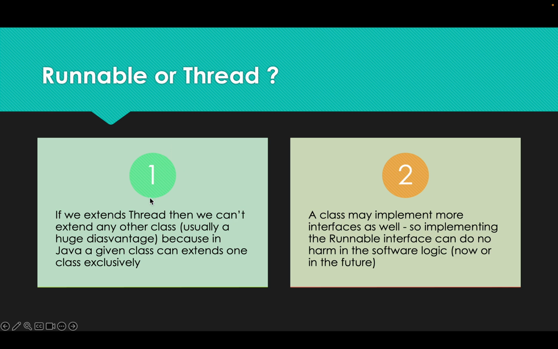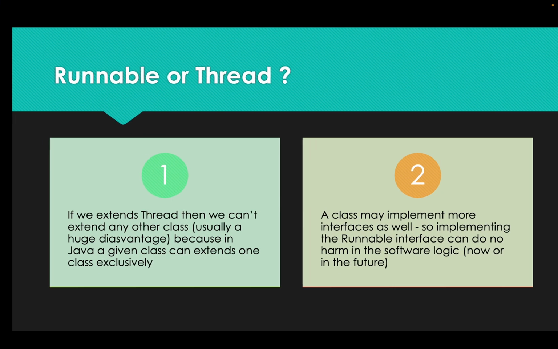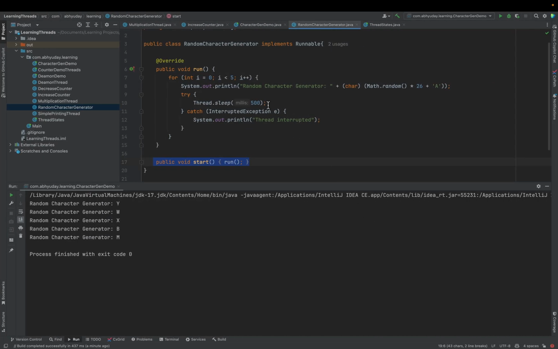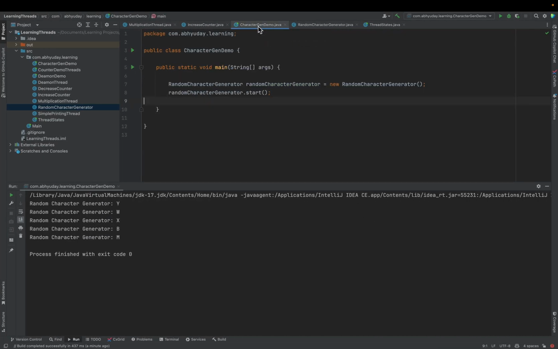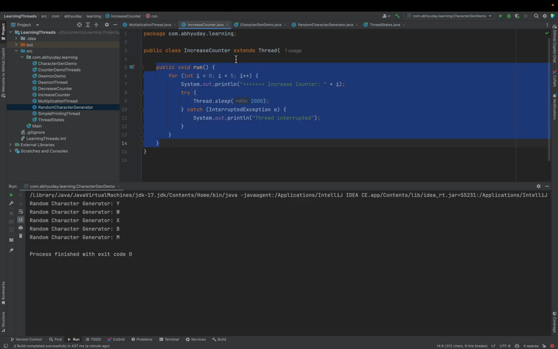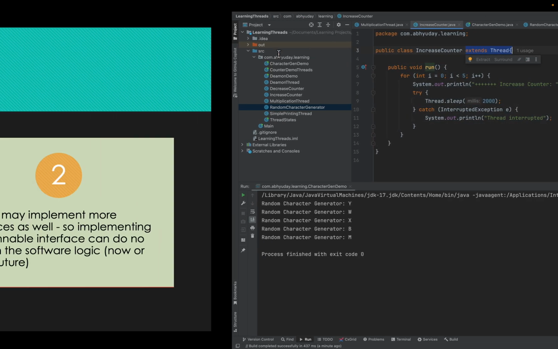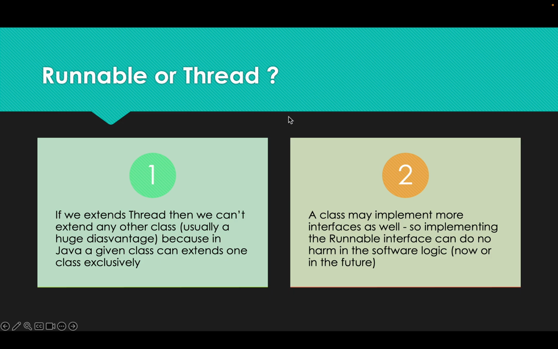However, when we extend Thread, we might run out of the quota of inheriting only one class in Java. So the second one should be the better and the preferred one. However, in this set of examples, to keep things simple, I have just extended the Thread class itself. So we'll proceed with our understanding with these particular examples only.